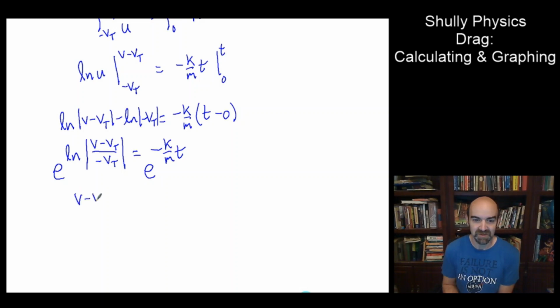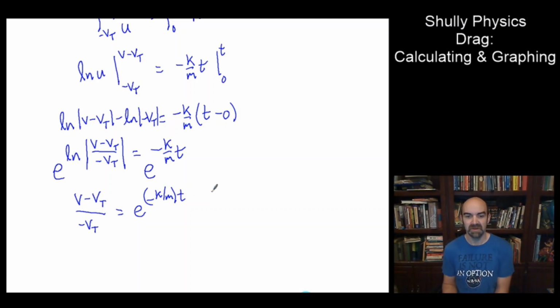v minus vt, so it kind of cancels out there. Negative vt, cancels out in practice. Okay, is equal to e to the negative k over m times time. And now we can start simplifying and cleaning this up.